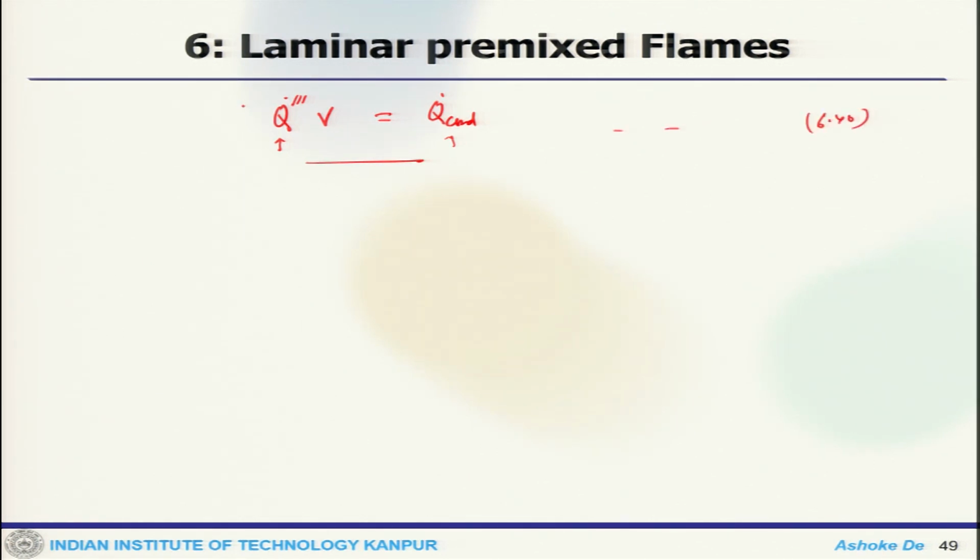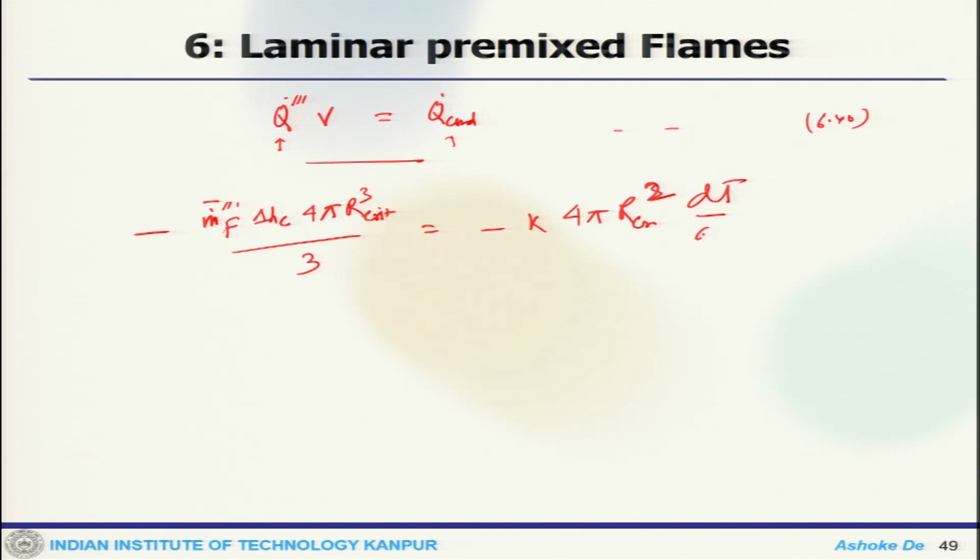Basically, it is a total amount of energy. Now, this we can replace by our previously obtained reaction rate: delta Hc times 4 pi R critical cubed by 3 equals kappa times 4 pi R critical squared times dT by dr at R critical.